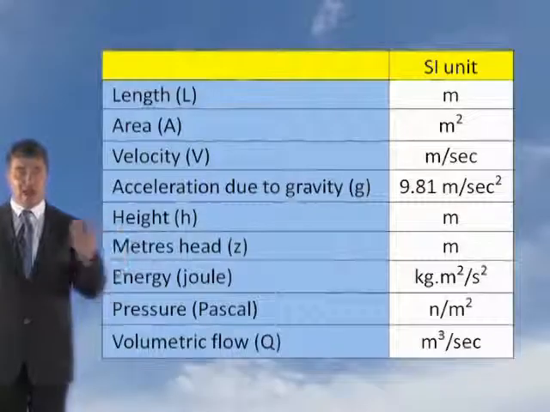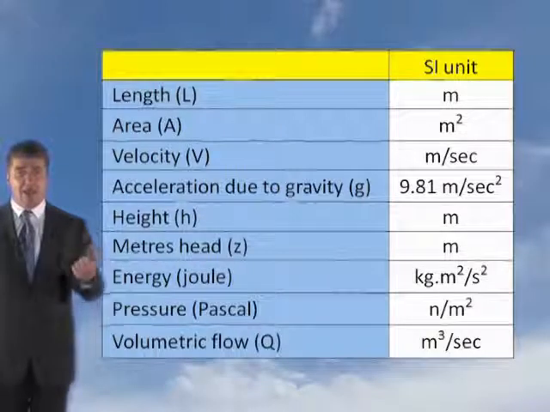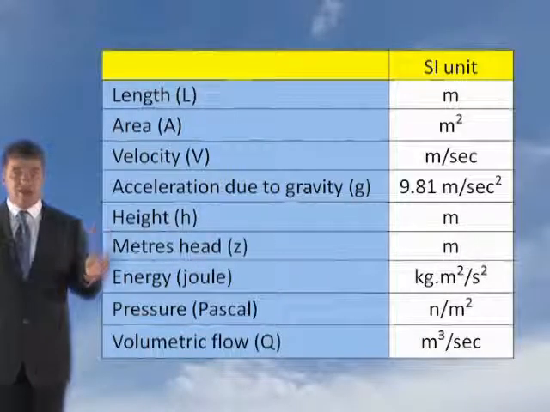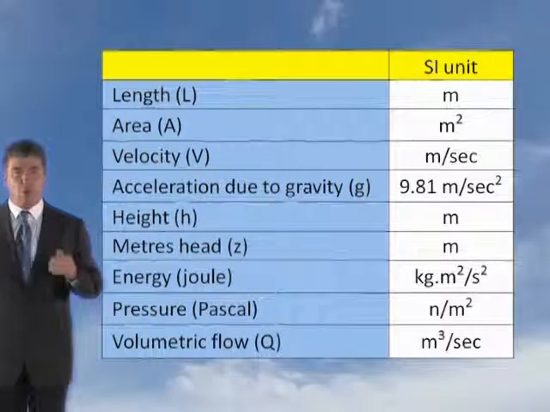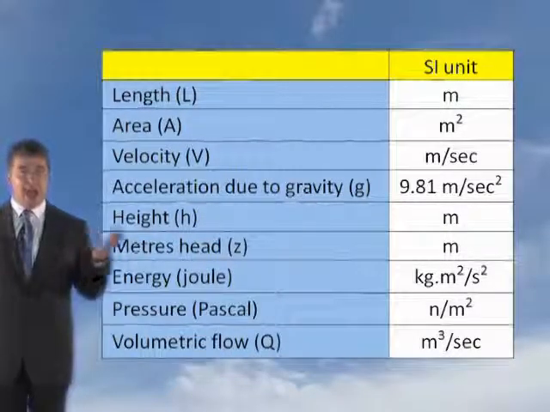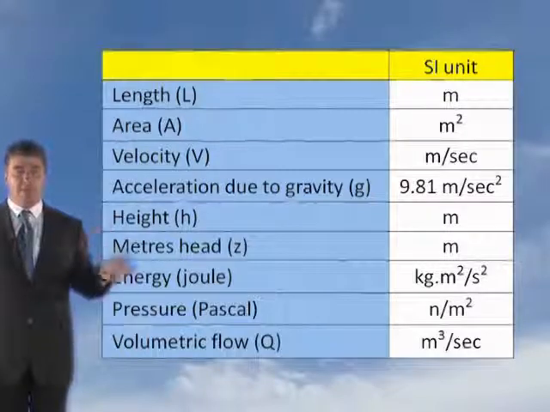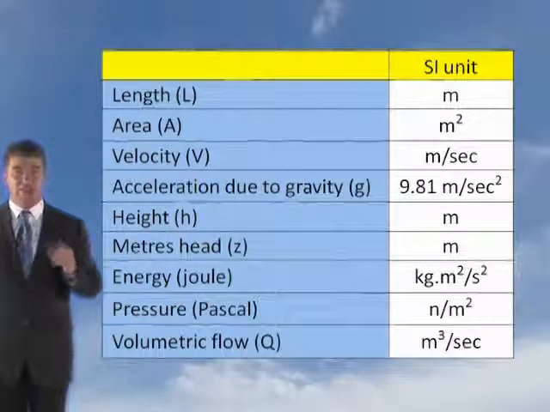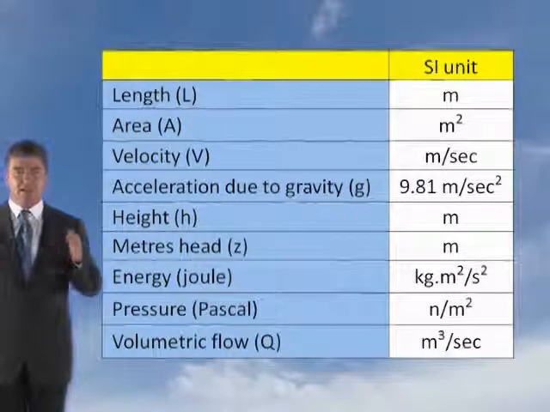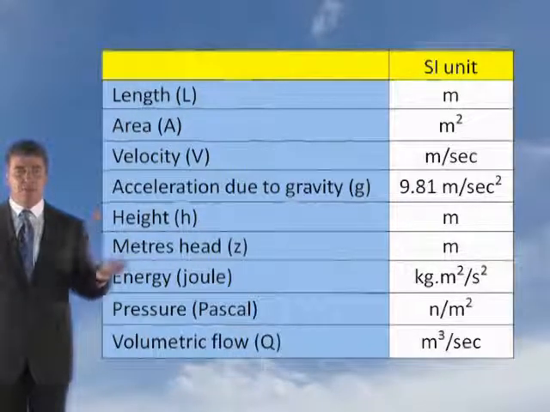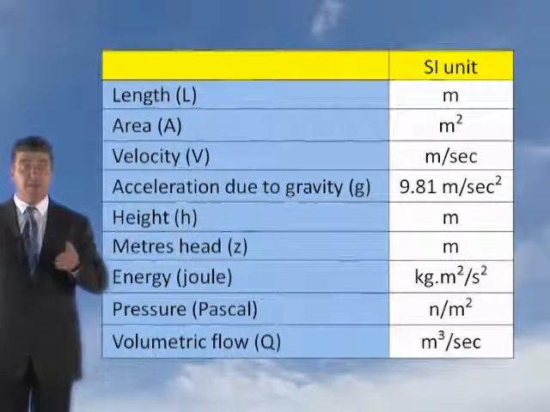And here is a list of the most common units. Don't forget, length has got to be metres. Area, metres squared. Velocity, metres a second. Acceleration due to gravity is 9.81 metres a second squared. Height is always in metres. Metres head, which is Z, is always in metres. Energy, joule; don't forget, a joule is kilograms metre squared per second squared. Pressure, which is a pascal, is newtons per metre squared.